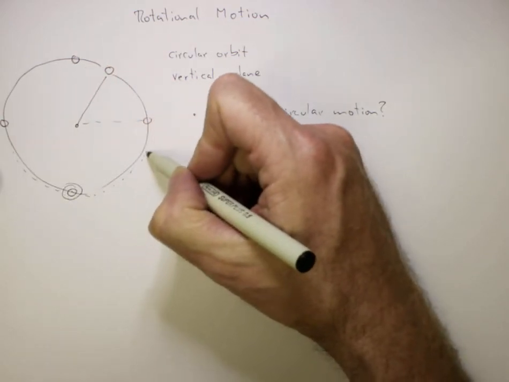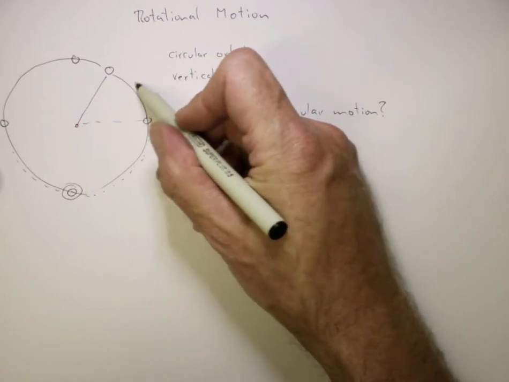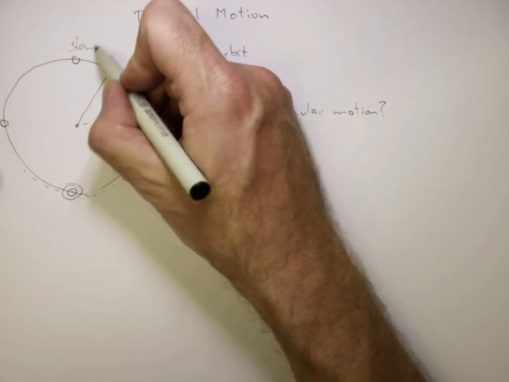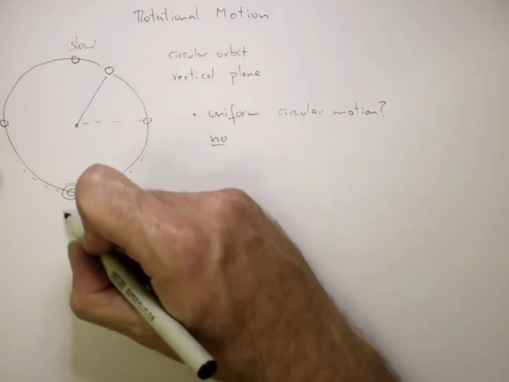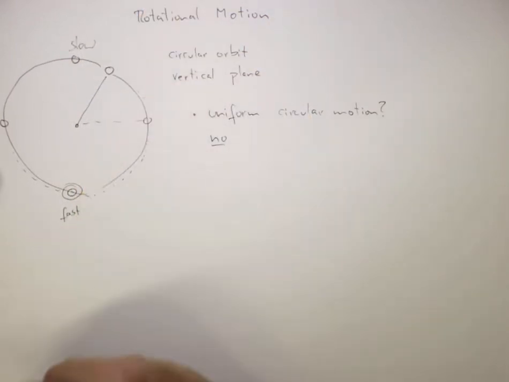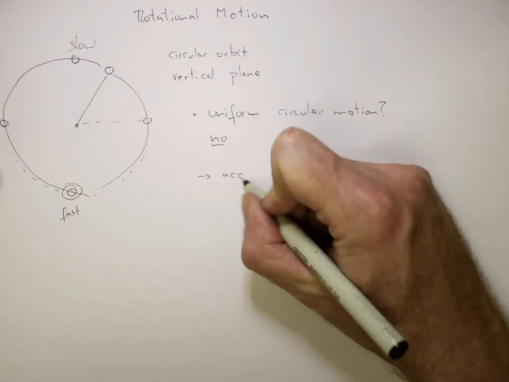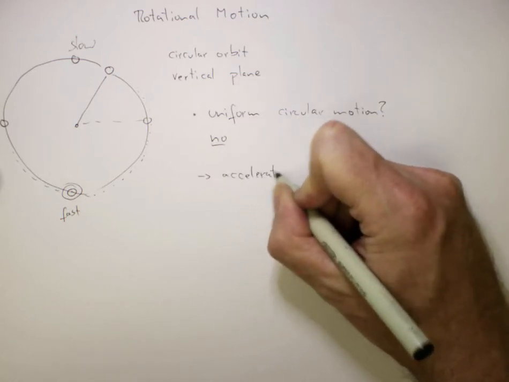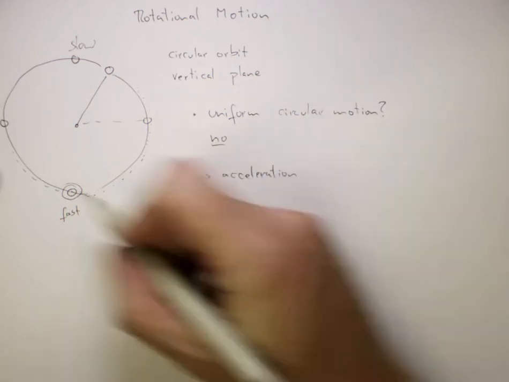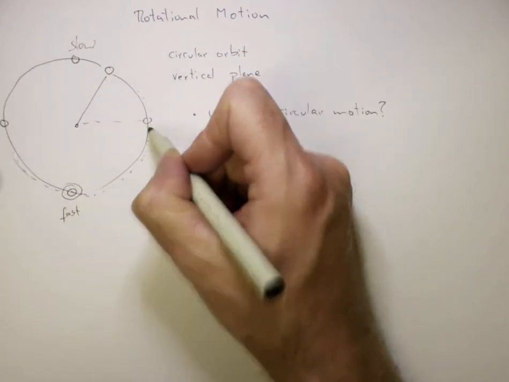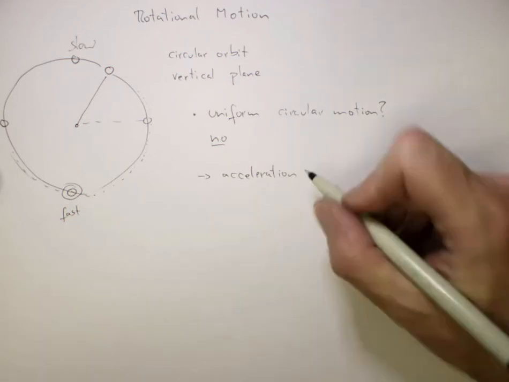Then it decelerates on the way up and further decelerates, and it'll be rather slow at the top. So we have a slow tennis ball up here and a fast tennis ball down there. So there must be acceleration and there must be deceleration. Acceleration on the way down due to gravity, and then again deceleration due to gravity on the way up.